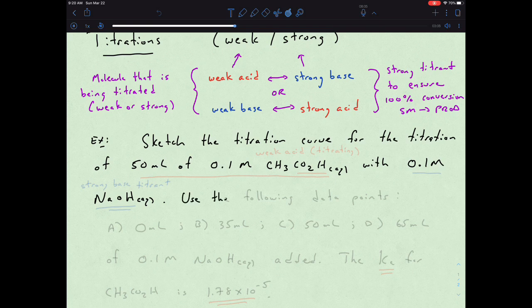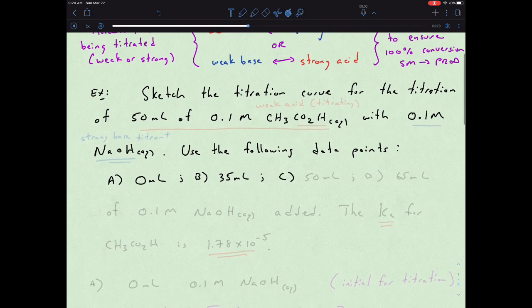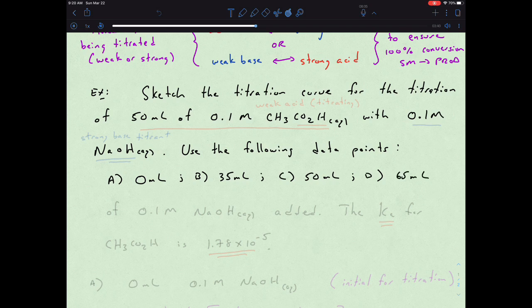We want to use the following data points. So for part A would be 0 milliliters, part B 35 milliliters, part C 50 milliliters, and part D at 65 milliliters of 0.1 molar sodium hydroxide has been added.